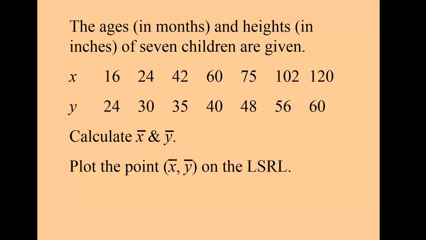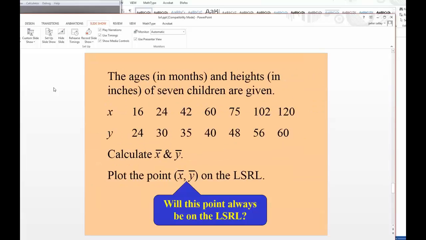Okay, next question is let's calculate x bar and y bar, and is that point going to be on the line itself? Well, interestingly enough, we can find this using, well, not necessarily one var stats, but two var stats.